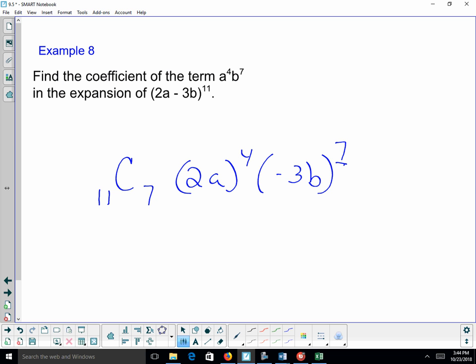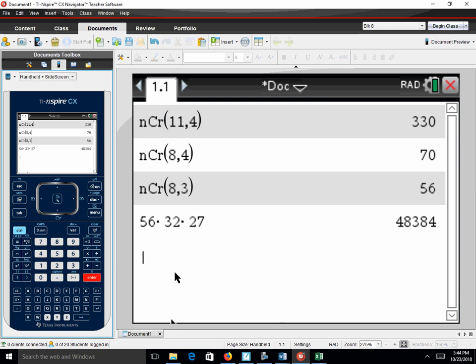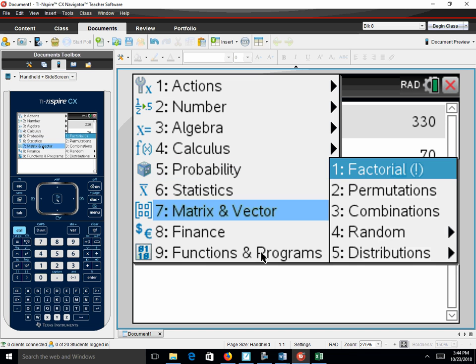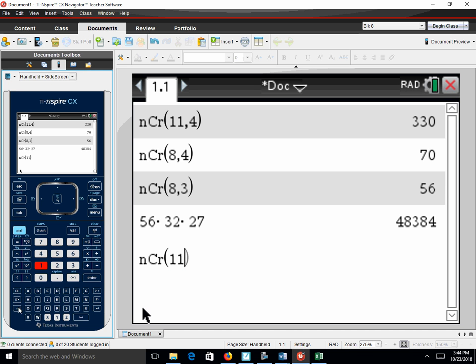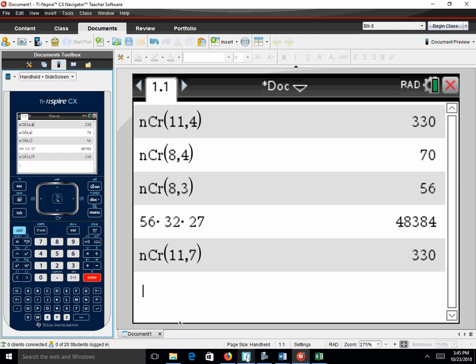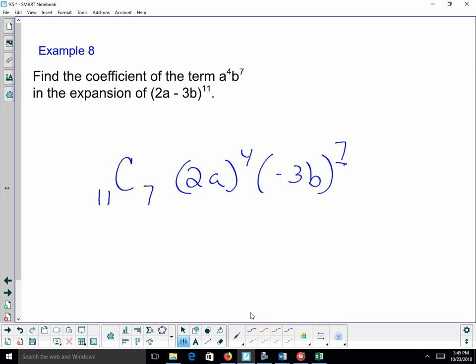So on my calculator, I'm going to do menu, probability, combinations. I'm doing 11 choose 7, and I get 330. So this will be 330, then 2 to the 4th: 2, 4, 8, 16.